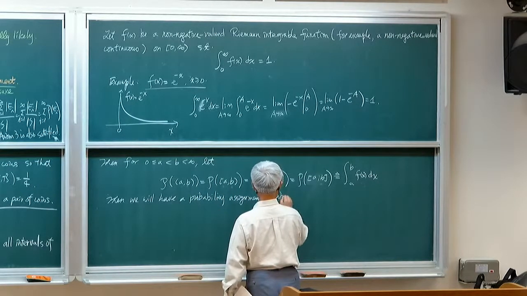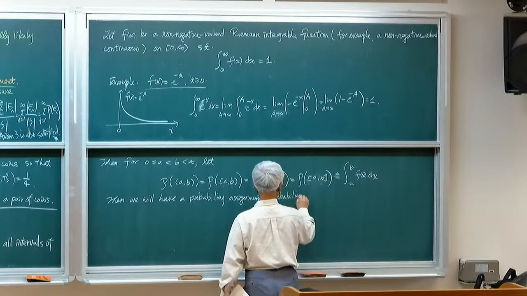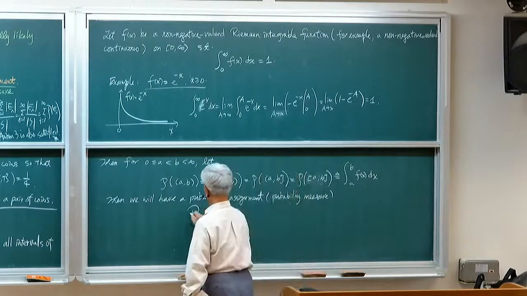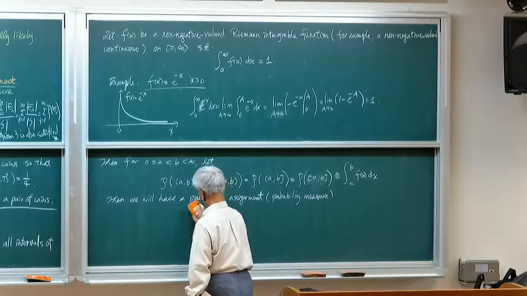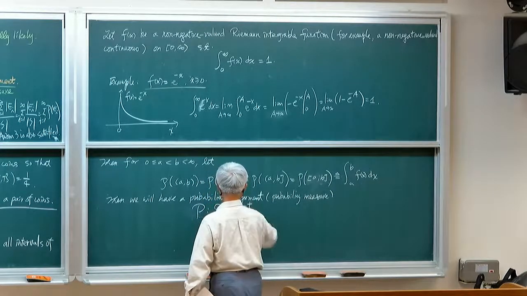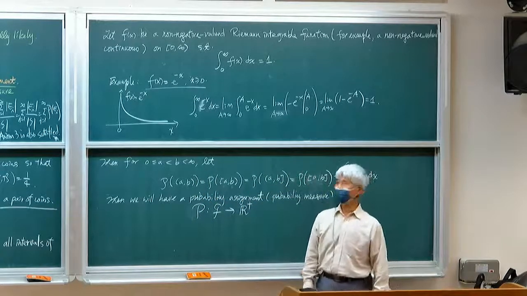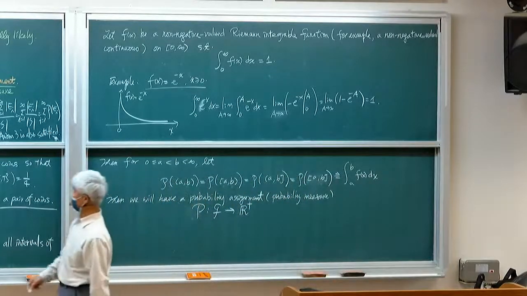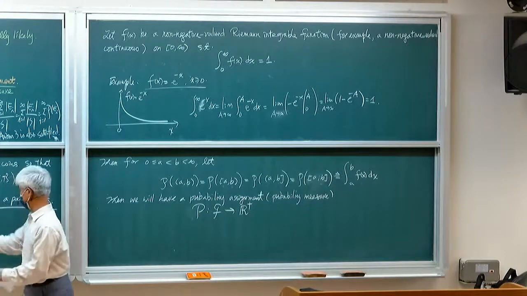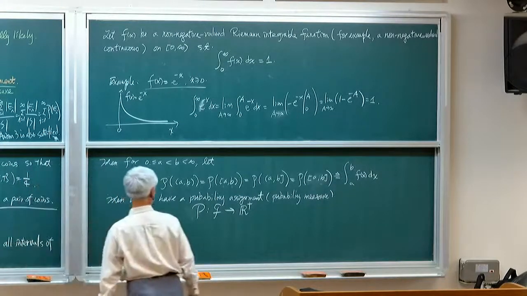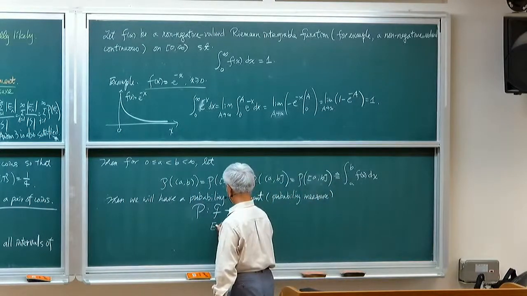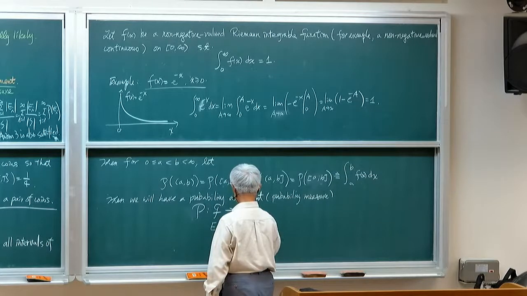We call it the probability measure P from F to the nonnegative reals. Okay, and the F here is the smallest sigma algebra of all subsets of X containing all intervals. And so the event here will go to the event.